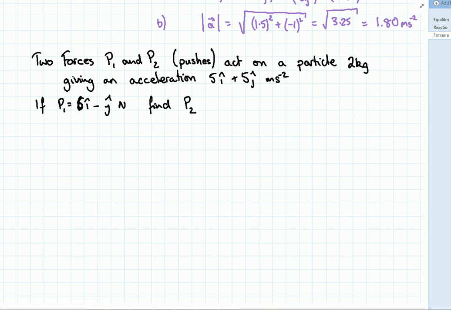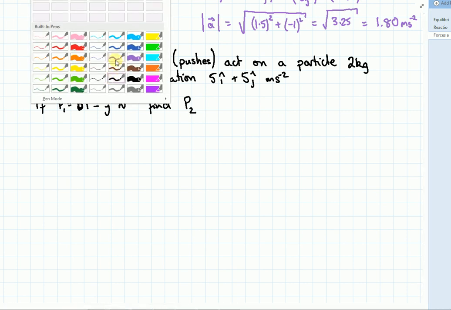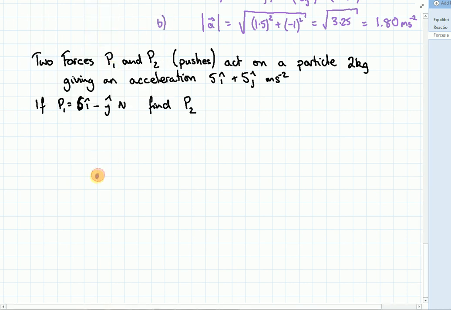So the way I'd approach this, first of all, let's just do a quick sketch of the diagram. We've got a particle, and its resulting acceleration is (5i, 5j), and that's the acceleration. Use that to create a force, and then we don't need to worry about accelerations again.